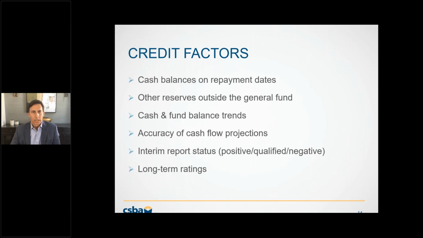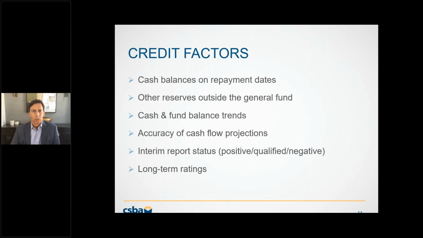For other districts, maybe their cash balances are a little bit stronger and the TRAN doesn't need to go out as long. They look at the other reserves outside of the general fund, so even restricted funds, for example developer fees or other capital funds that could be temporarily borrowed. Those are looked upon favorably. They look at trends, so they'll look at your cash balance trends and your fund balance trends.